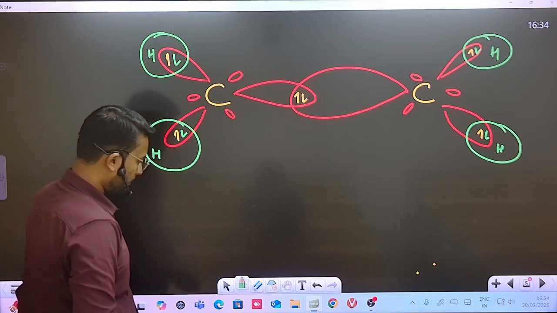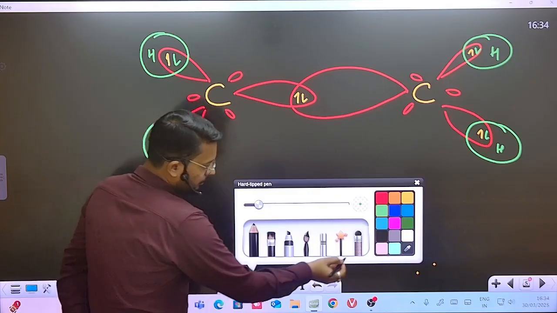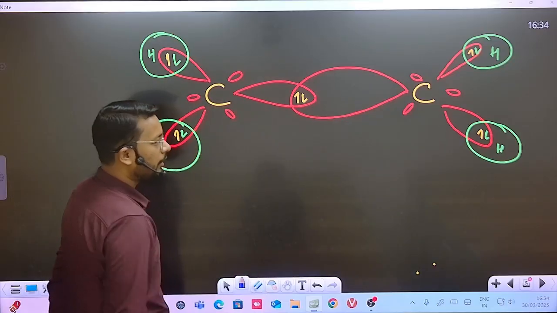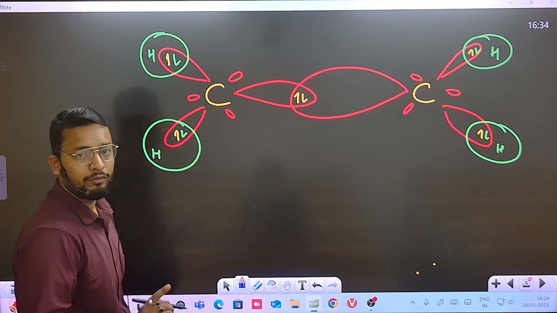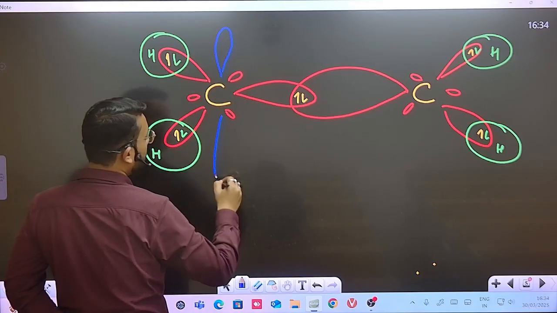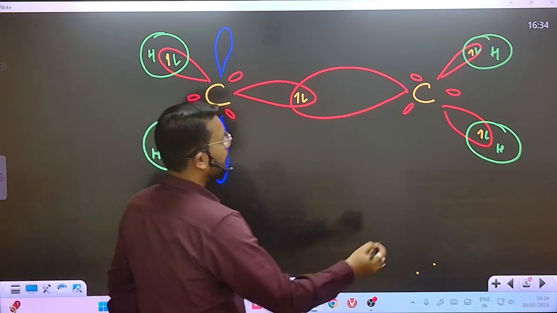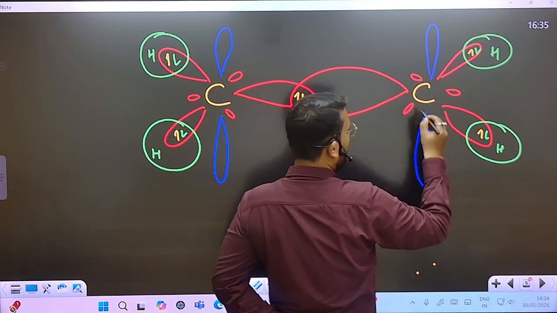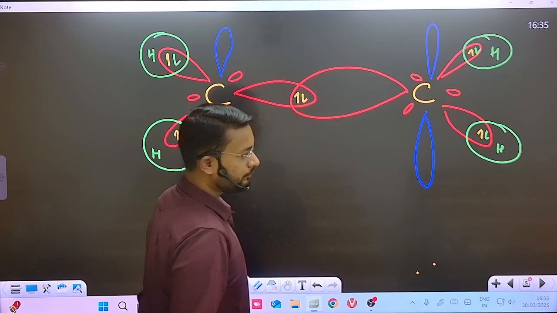One more thing is that we have one unhybridized p orbital which did not take part in the hybridization, which is perpendicular to the plane.